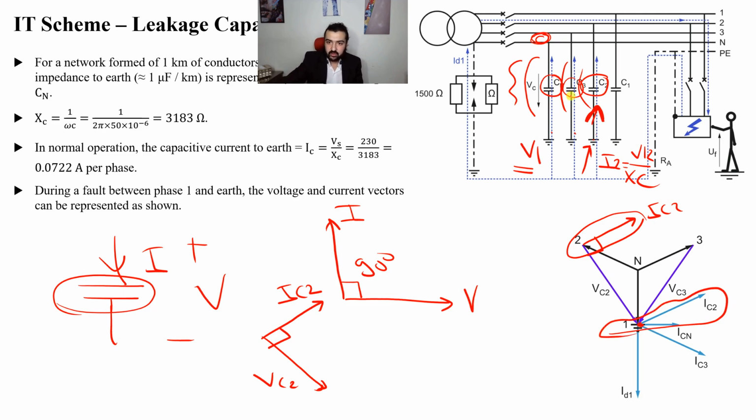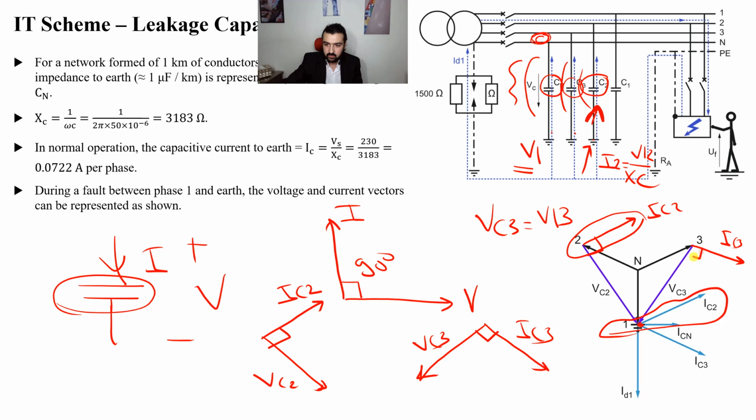Similarly, for C3, which is V13, this vector here, the current will be leading by 90 degrees, which you can see like this, IC3, which is this one here. This one is parallel to the one that I just drew here.